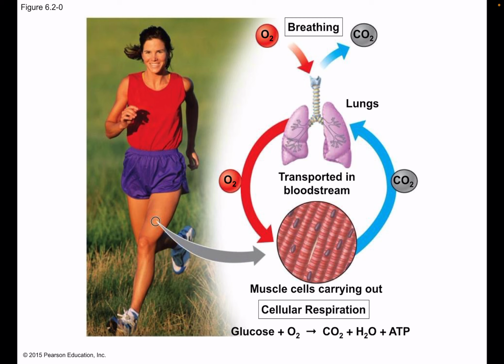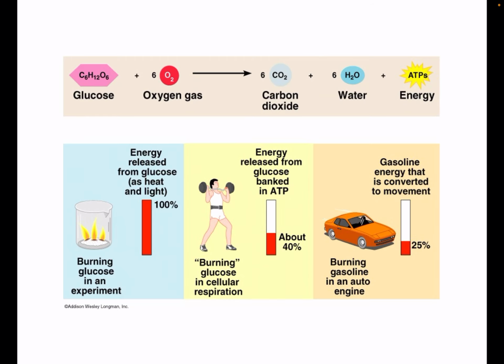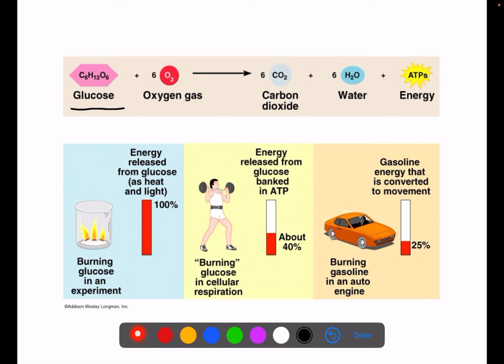In photosynthesis, we saw 2 broad steps, the light reactions and the Calvin cycle. Here we're going to see 3 broad steps, and you've already got flashcards for all of this, right? Okay, so here is that reaction in its entirety. Here's glucose, here's the oxygen, and notice again that it's exactly the opposite of photosynthesis.